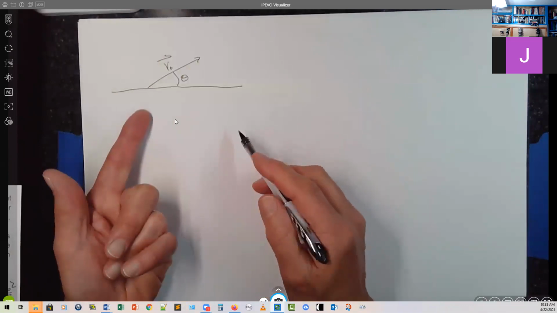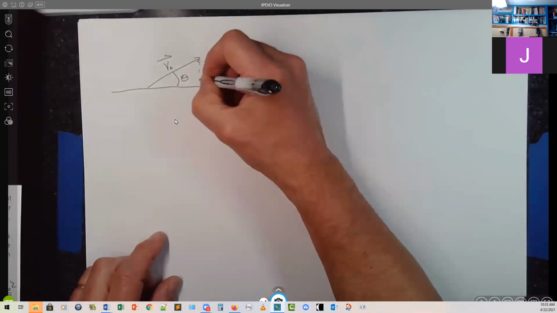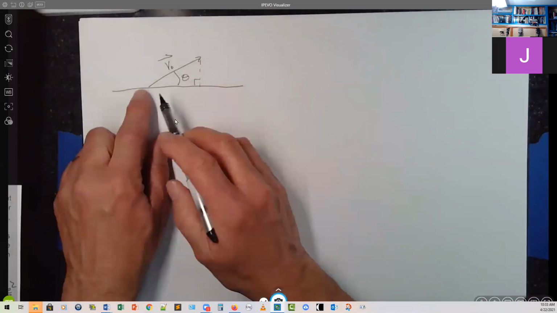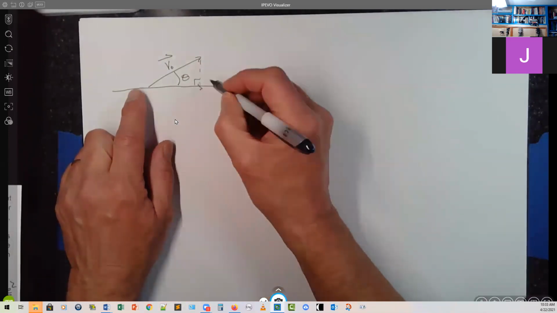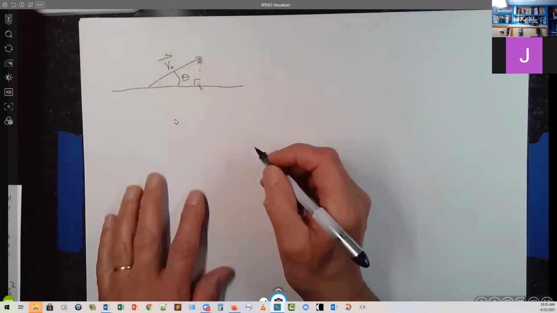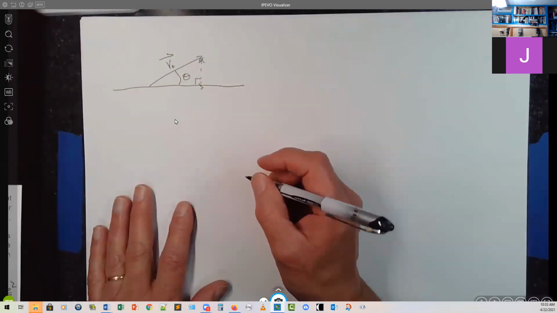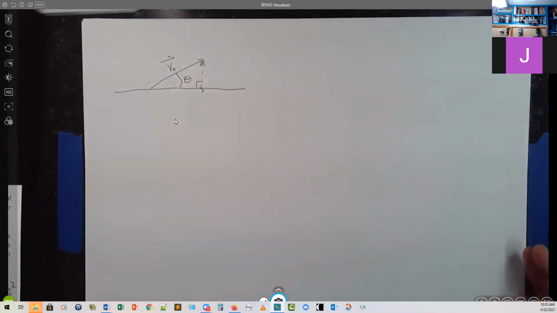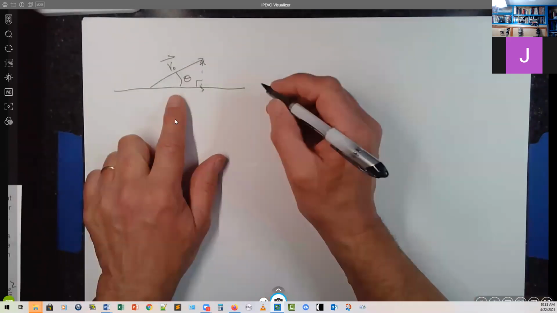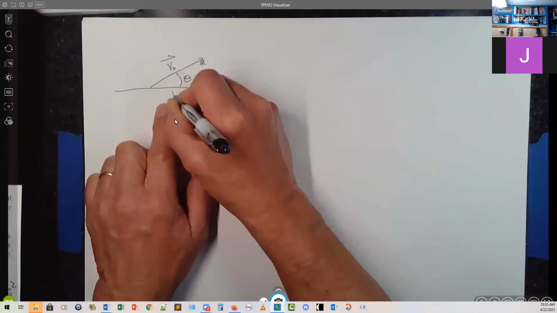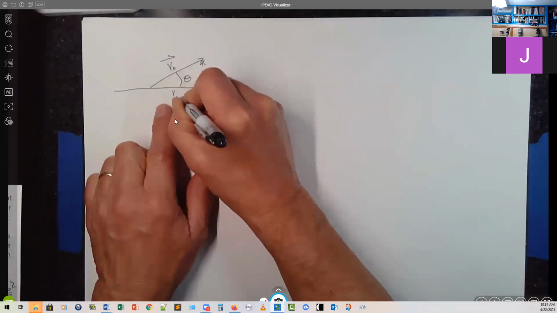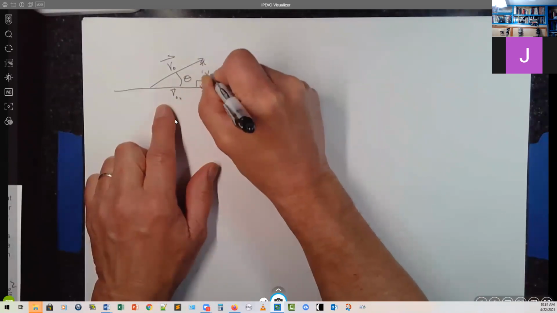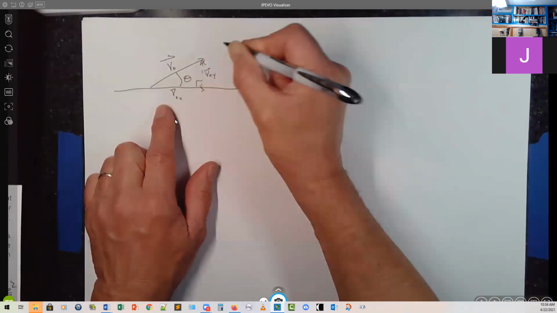Imagine making a right triangle here, with an X component and a Y component. In your book they may use x hats and y hats for this, but this part down here would be V0x, and we can think of it as an arrow if we want, and V0y is that part.